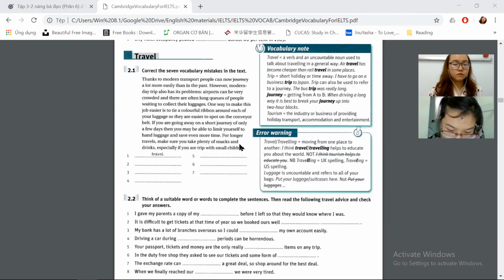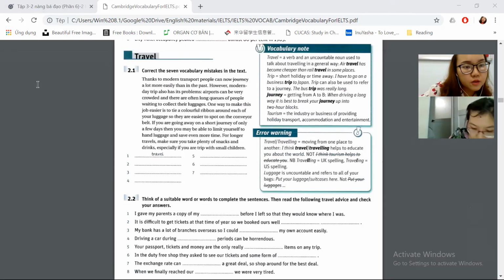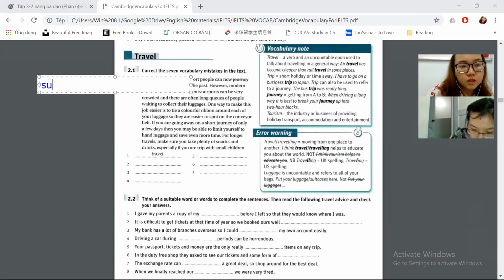One way to make this job easier is to tie a colorful ribbon around each of your luggage. No, luggage is uncountable. So you can say each of your suitcases.